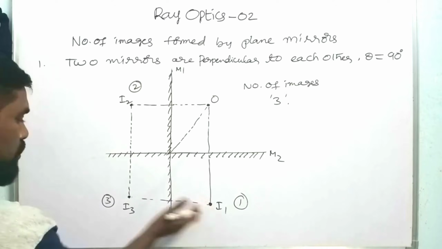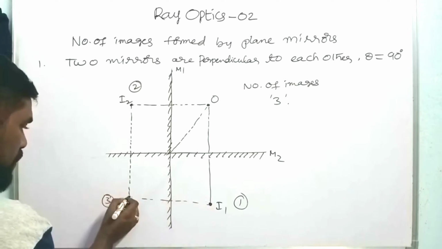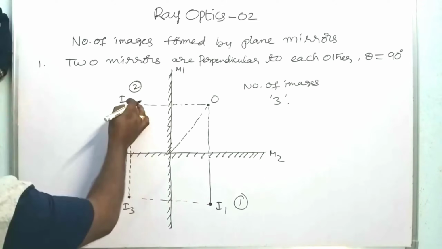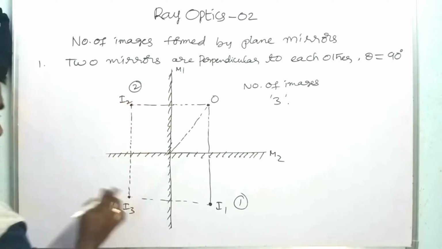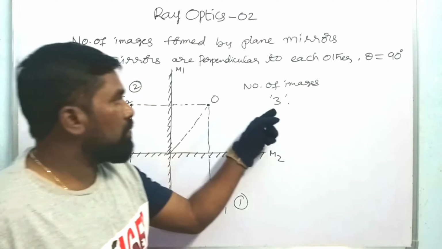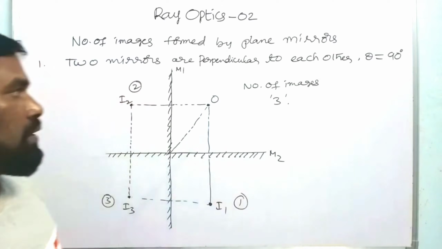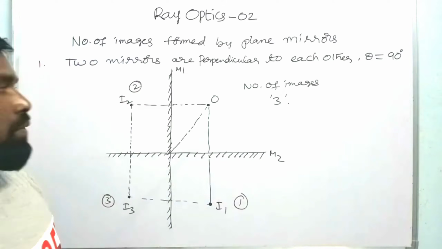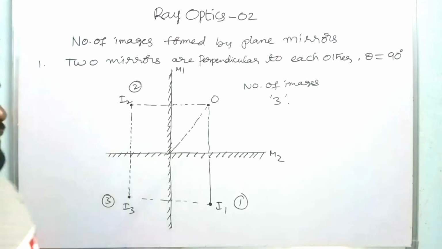This image should be located at this point and this image at this point. So if two mirrors are perpendicular to each other, then the number of images formed is 3. If two mirrors are parallel to each other, then the number of images is infinite. Okay, right, note it down.